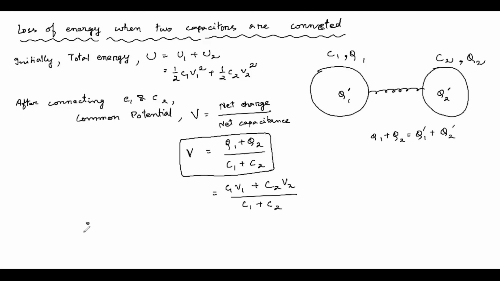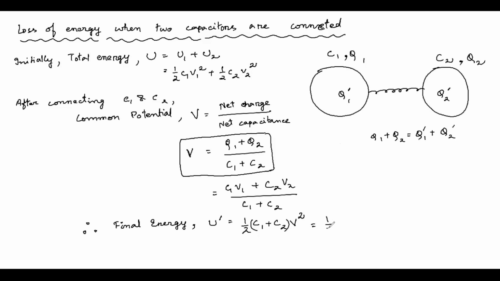So therefore, your final energy, let's say it is U dash, will be nothing but half CV square. In this case, C is the net capacitance, which is C1 plus C2, and they have a common potential, so it will be V square. This is the final energy after connection, right?